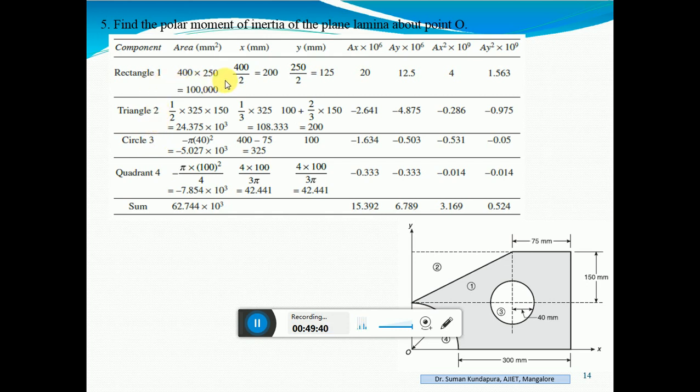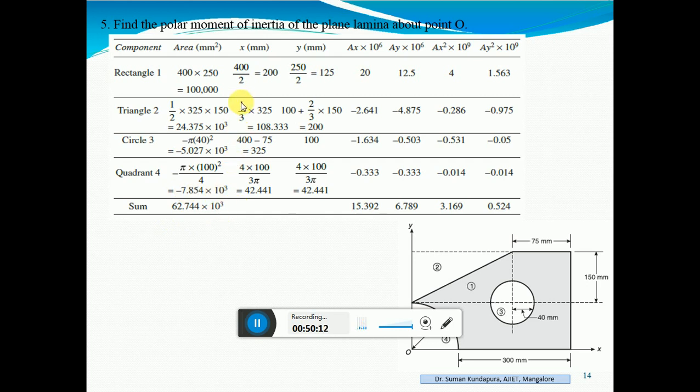Similarly, you should know how to calculate the x distances, and later the Ix bar, Iy bar for each of the geometrical shapes. Only then will you be able to solve the problem. Now after finding the areas, these two are cutoff portions, so negative values. Just sum up everything, you'll get 62.744 into 10 raised to 3.